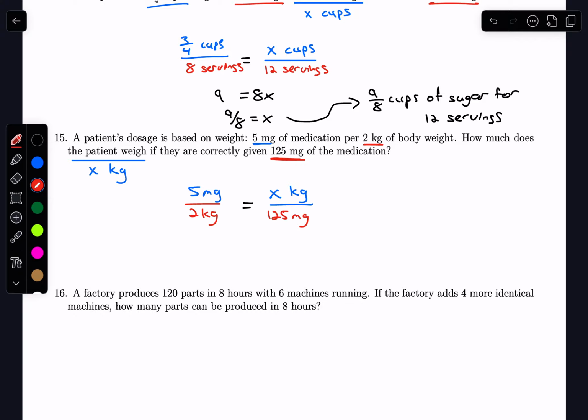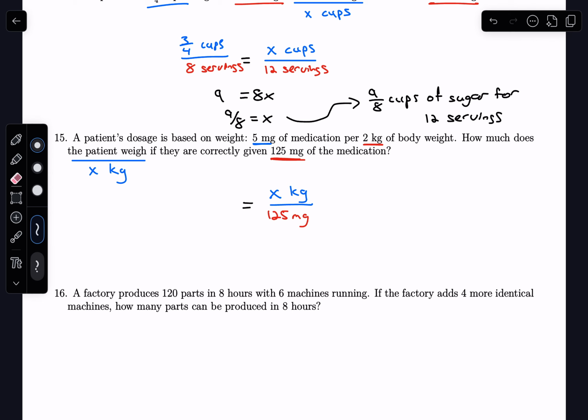So now what just went wrong? Does everybody see it? Color coding wise, this looks great, but the colors don't represent the units. They're supposed to, right? It looks like blue over red equals blue over red, but look at what I made blue and what I made red. I have 5 milligrams over 2 kilograms, so milligrams over kilograms, but then on the other side, it's kilograms over milligrams. This doesn't work, okay?